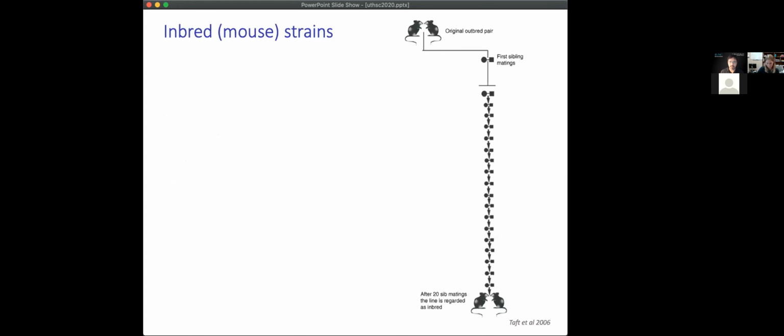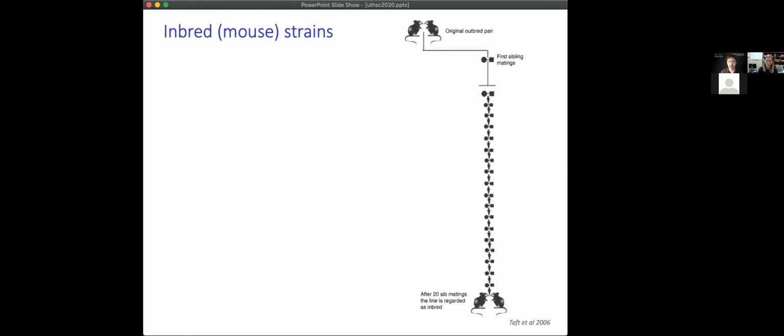Probably many people in the audience know about inbred mouse strains, but just for anybody who is a bit kind of hazy on it. If you were to go outside and get a mouse from the forest and get another mouse, they would be genetically distinct from each other.